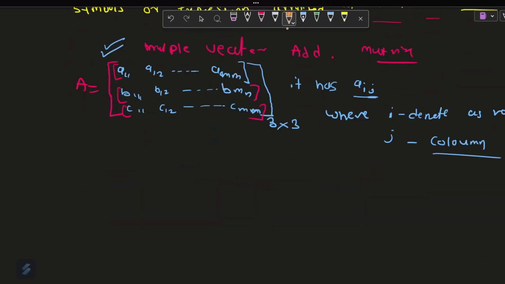Similarly, when we go forward, the main use in data science is data representation. What does this mean?